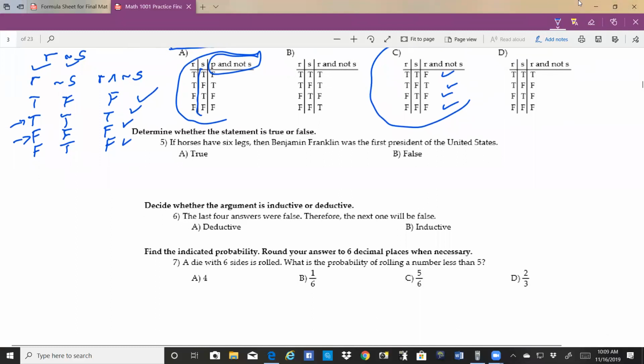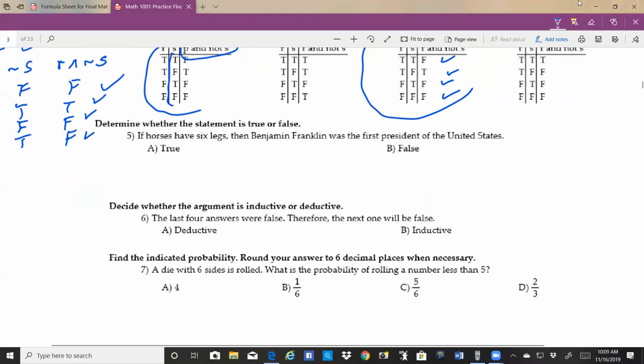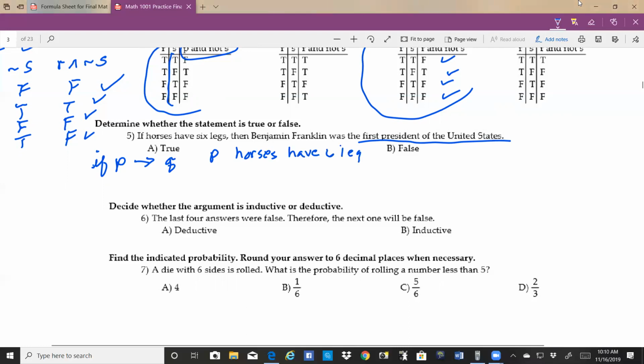Number 5, if horses have 6 legs, then Benjamin Franklin was the first president of the U.S. The proposition is that if P, then Q, where P is horses have 6 legs, then Q, Benjamin Franklin was the first president.